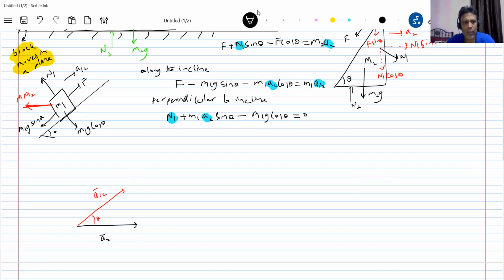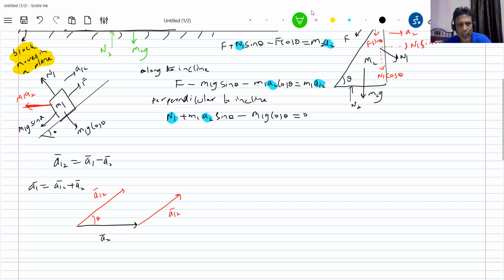Okay, now come to the vector. What does the vector say? A12 bar equals A1 bar minus A2 bar, so A1 bar equals A12 bar plus A2 bar. To get that, shall I shift this A12 bar here? I want A1 bar, so it is vector addition.